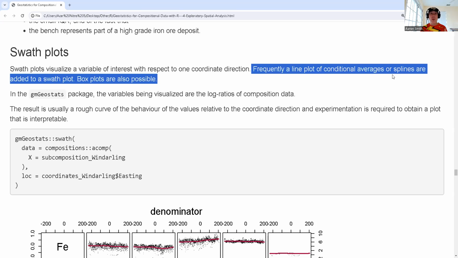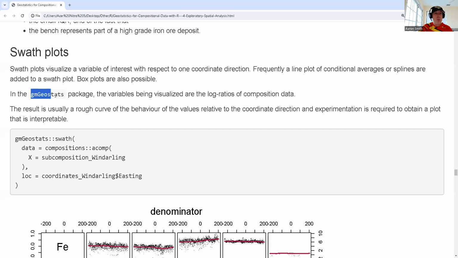Also, we have the option of doing box plots by binning the coordinate variable values. In the GM Geostats package, the variables being visualized are the log ratios of the composition data. The result is usually a rough curve of the behavior of the values relative to the coordinate directions, and experimentation is required to obtain a plot that is interpretable.